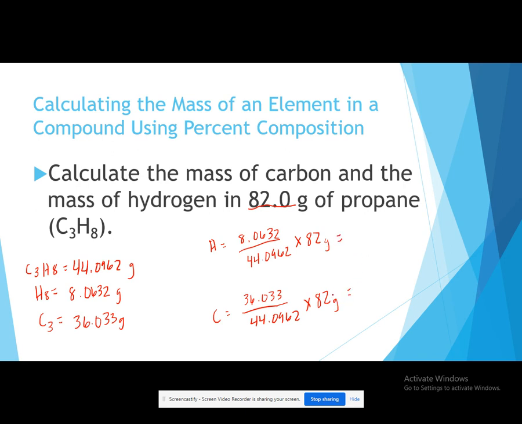So if we actually solved that way, you would actually find that carbon would be 66.994 grams. And if I take my calculator and I solve for hydrogen, so I take that 8.0632 divided by that 44.0962 times it by 82, I'm going to get 14.994.